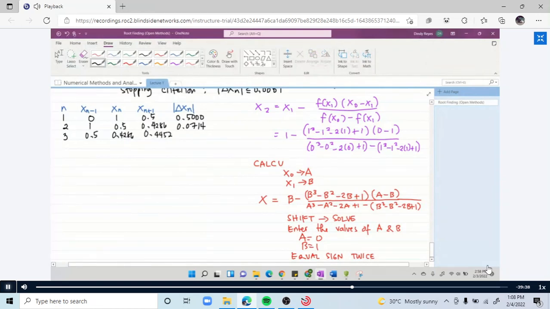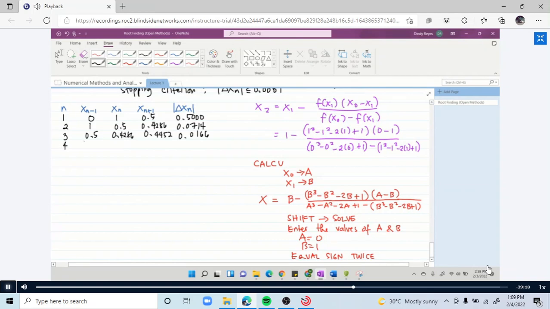The difference between the two latest approximations, 0.4286 minus 0.4452, is 0.0166. We have not reached the stopping criterion yet.